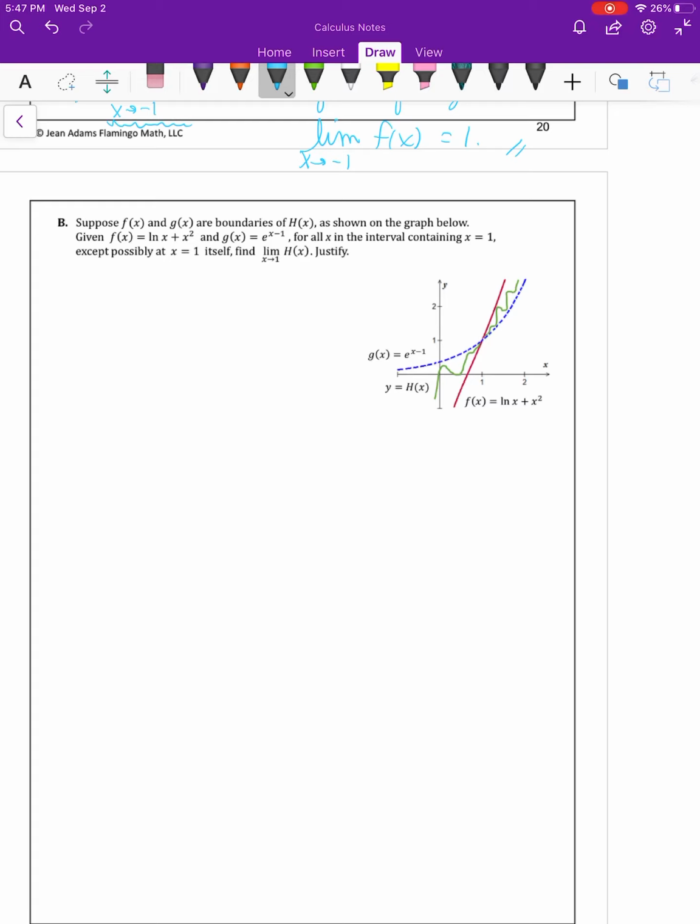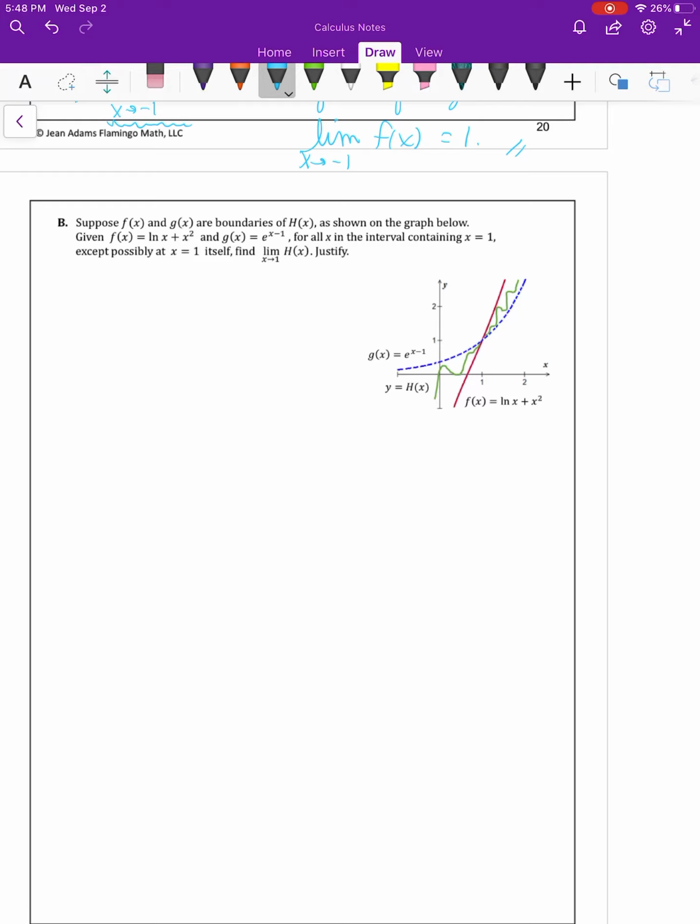It says, suppose f of x and g of x are boundaries of h of x, as shown on the graph below. Given f of x equals ln of x plus x squared and g of x equals e to the x minus 1, for all x in the interval containing x equals 1, except possibly at x equals 1 itself, find the limit as x goes to 1 of h of x and justify.